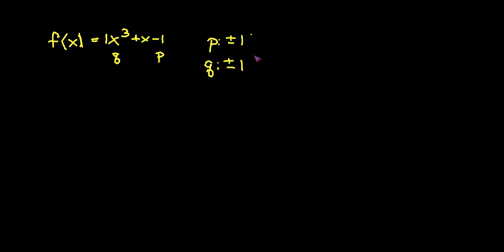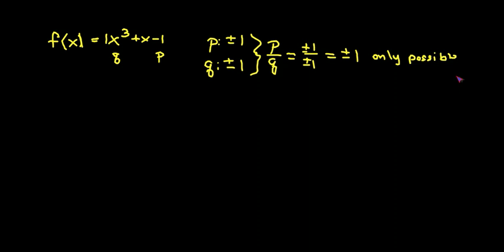So what that tells me is, if I try to write this as my rational zeros, p over q, I'm going to get plus or minus 1 over plus or minus 1, which just simplifies into plus or minus 1. So basically what we just found there was plus or minus 1 is going to be the only options for my possible rational roots.